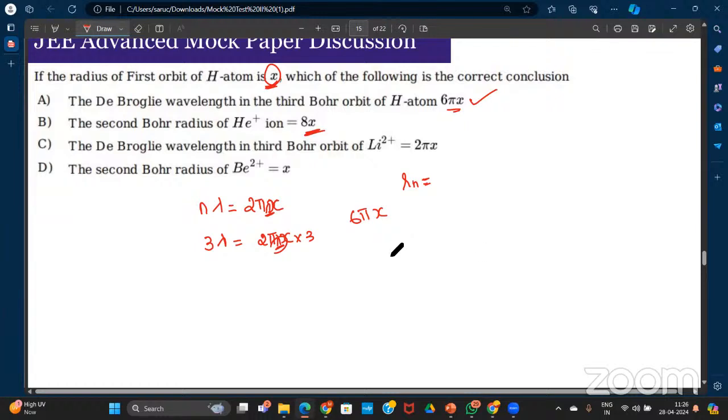So we'll close with this question. You have to calculate the Bohr radius.